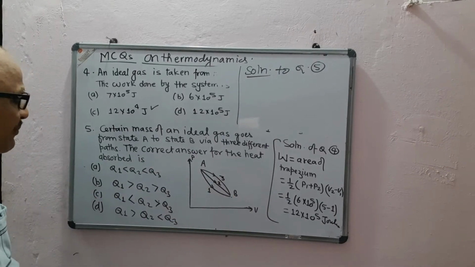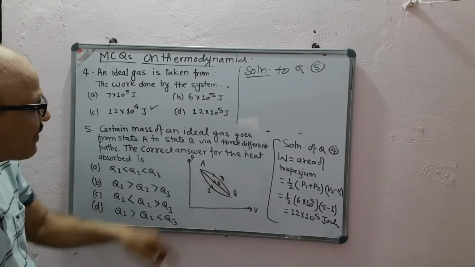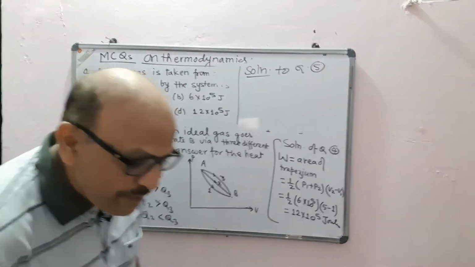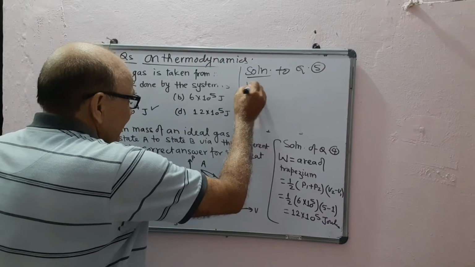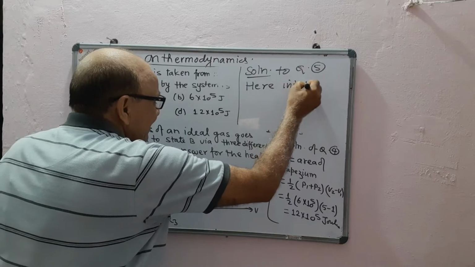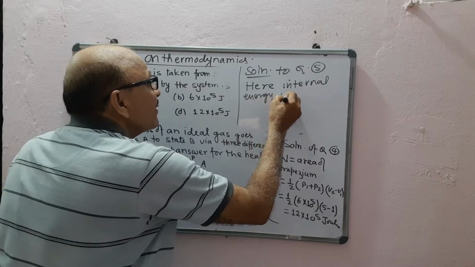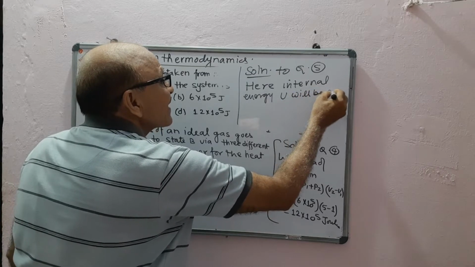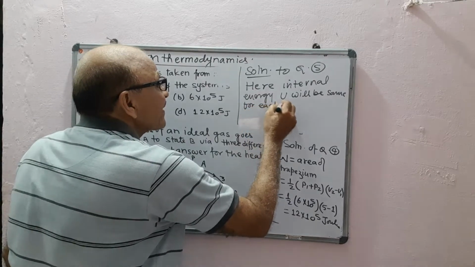Therefore, its work will be maximum, and the internal energy will be same through all three paths. Therefore, here internal energy U or delta U will be same for each case.